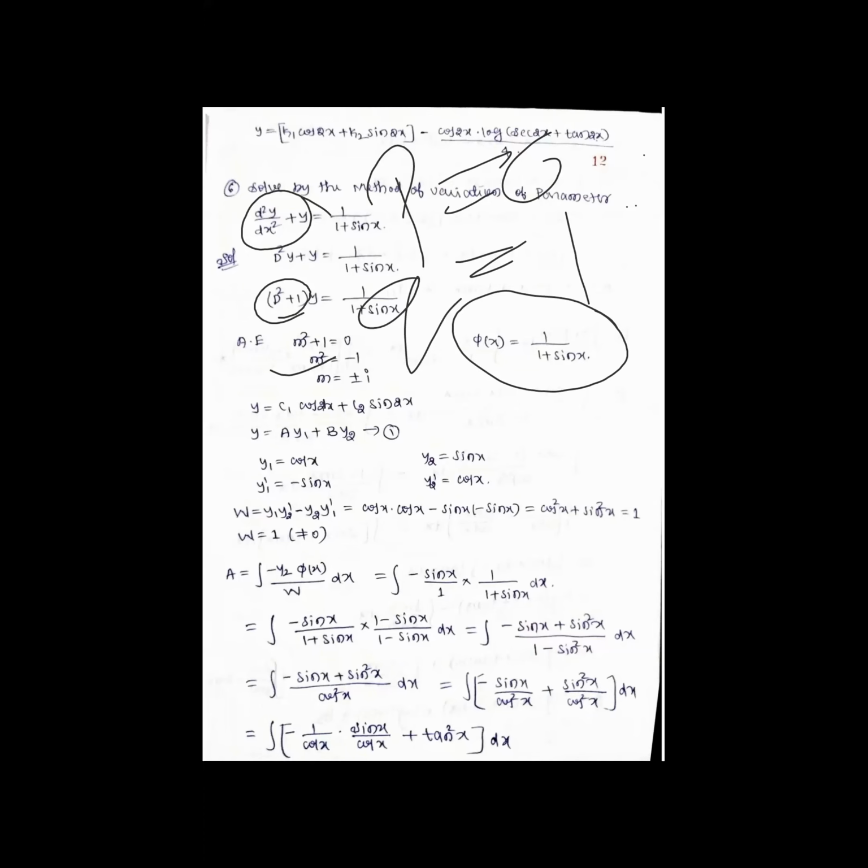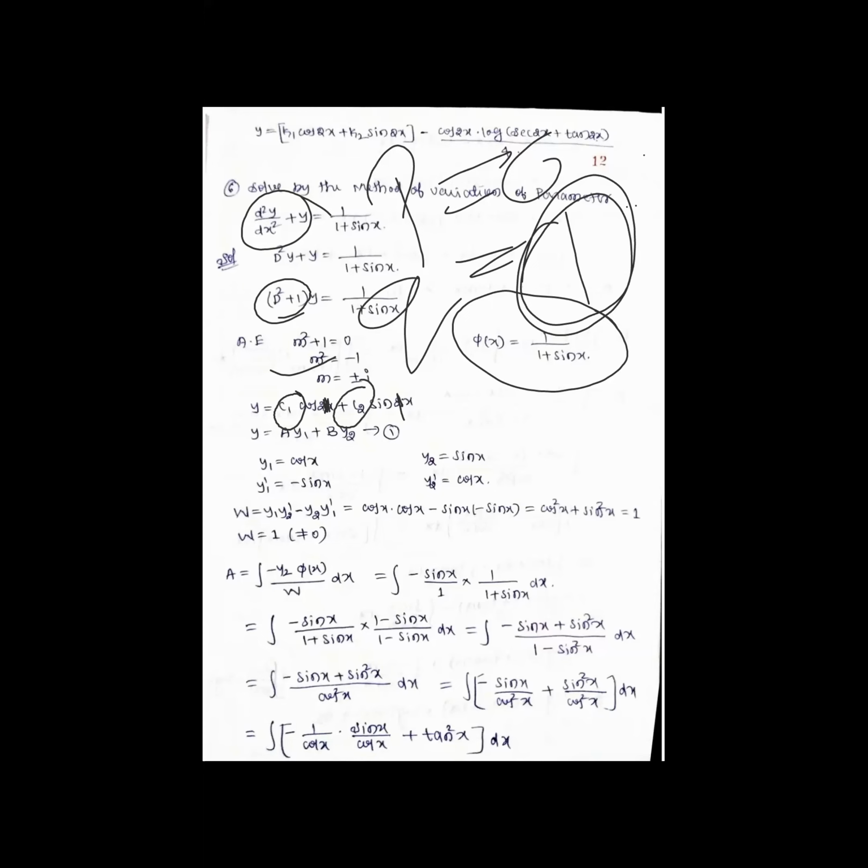So please make a correction: don't write 2x here, remove this 2 and only write x, because here q is 1. Cos of x plus c2 sine of x. So this c1 you take as A, this c2 you take as B, A y1 plus B y2. The rest of the things I wrote correctly.